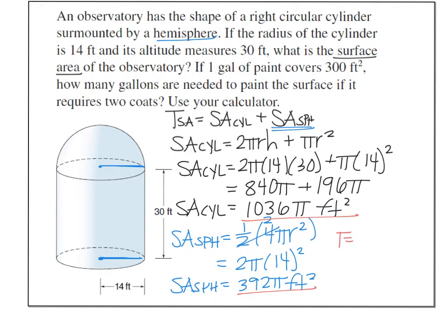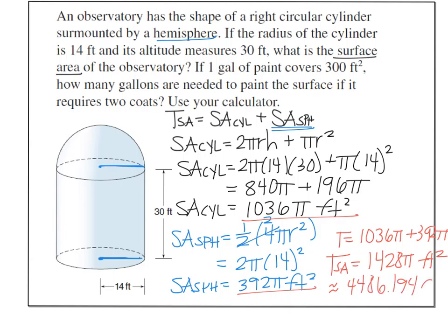So my total would be 1036 pi plus 392 pi. So my total surface area would then give me 1428 pi feet squared. Or if you approximated it, you would get 4,486.194 feet squared.